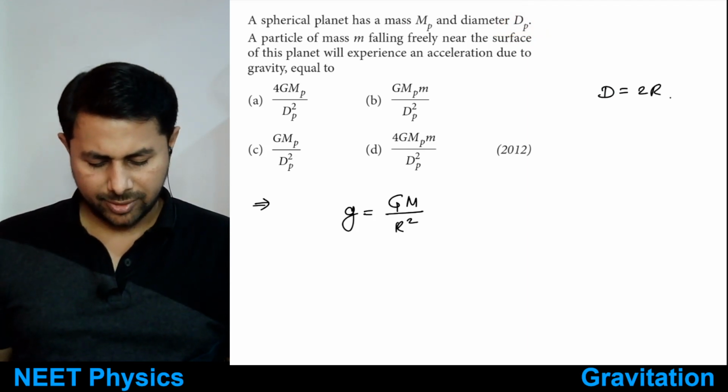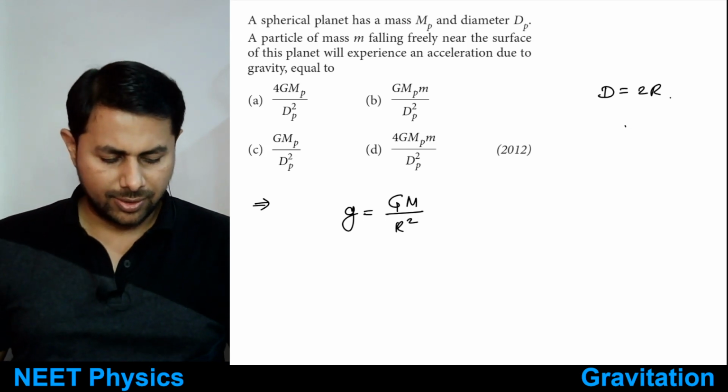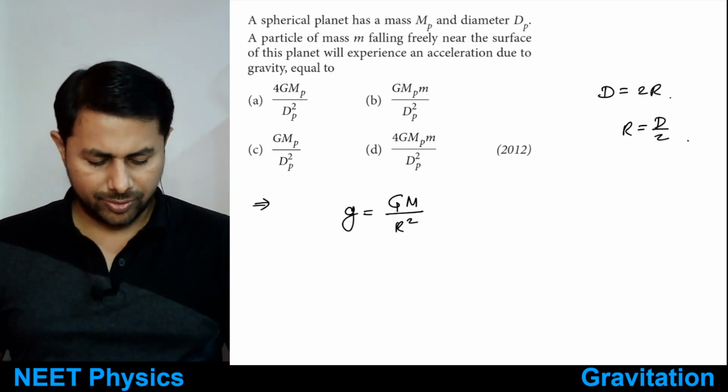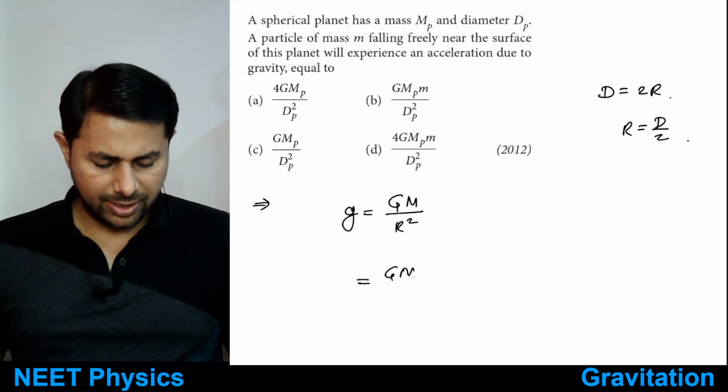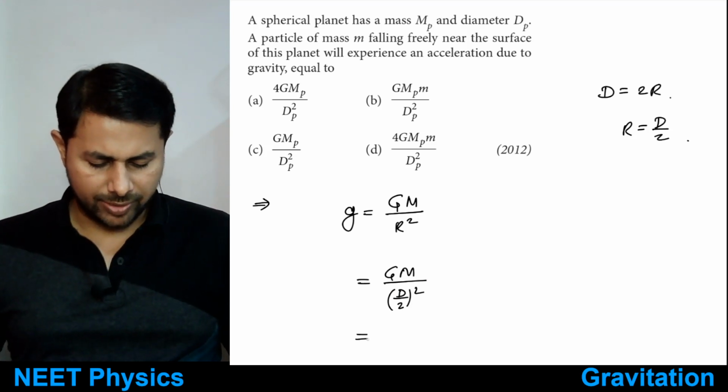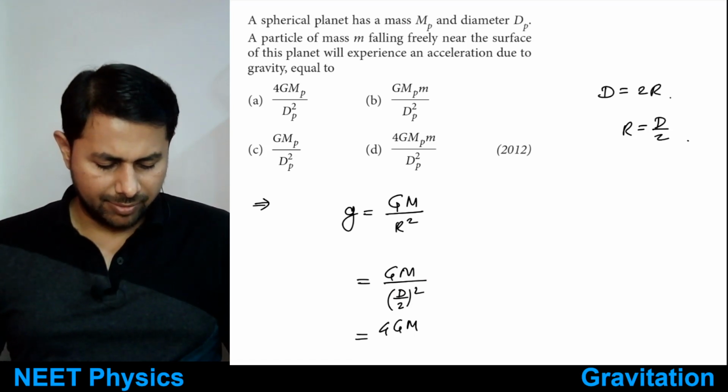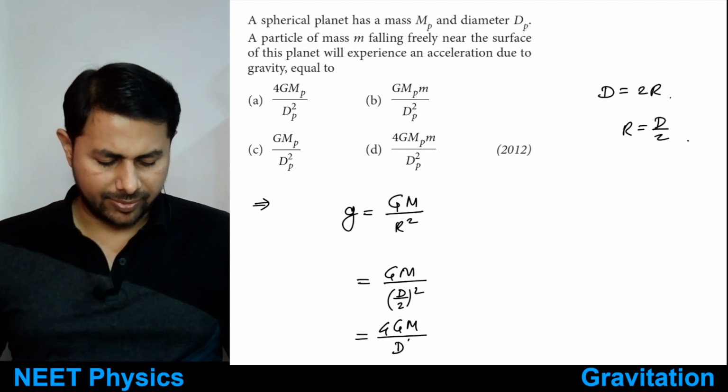Option A, maybe option A. So R is equal to D by 2. If you substitute, then you get GM divided by (D by 2) whole square. That 4 will go in the numerator. So 4 times GM divided by D square.